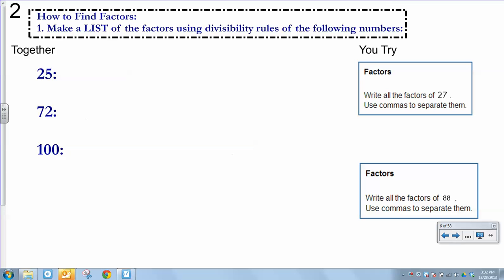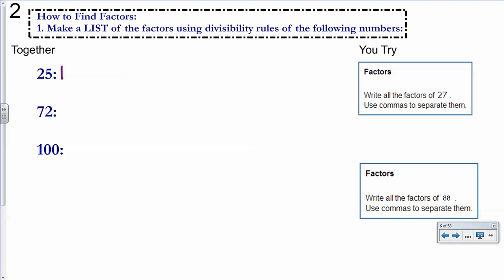So what do I know 25 is automatically divisible by? A 5, because it's there. The first thing it's always divisible by is 1 and itself. So I write those in first. And then by my divisibility rules, I know that 25 is also divisible by 5. And it's not divisible by anything else. So my factors are 1, 5, 25.